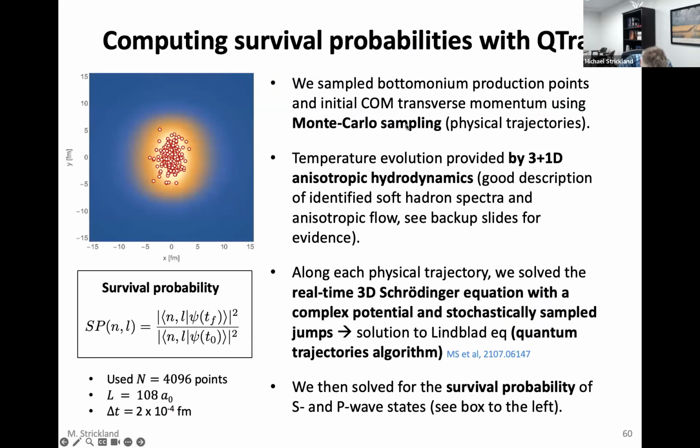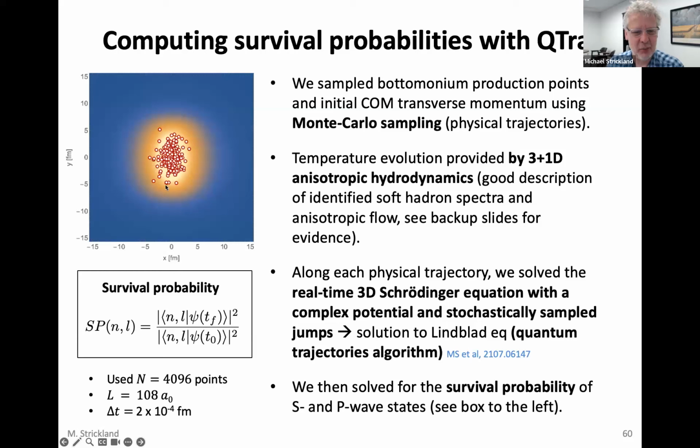Now you have to apply it to phenomenology, and now comes some old-fashioned heavy ion physics. The first thing you have to do is sample the production points for these bottomonium, and in the calculation we oversample. Normally you would only produce one or maybe two of them, but we sample 100 of them.